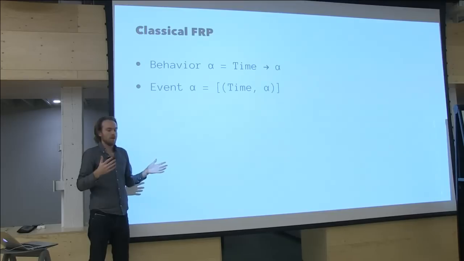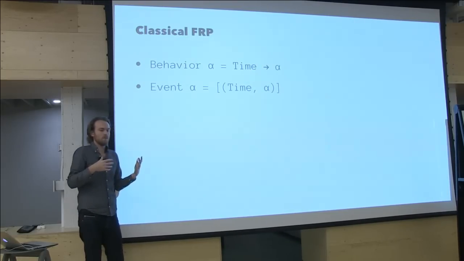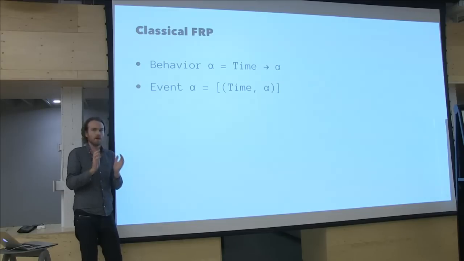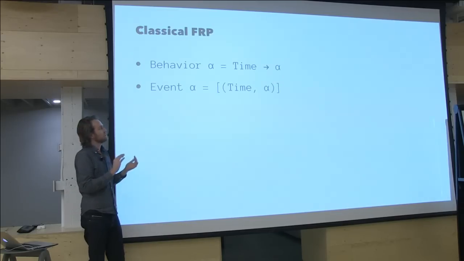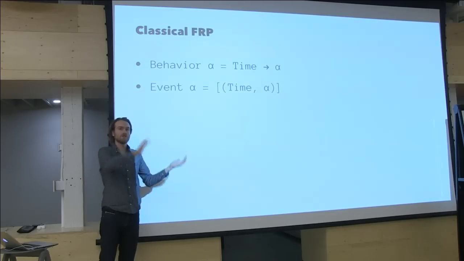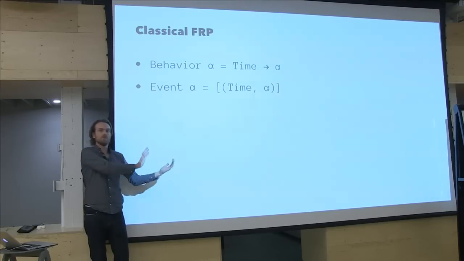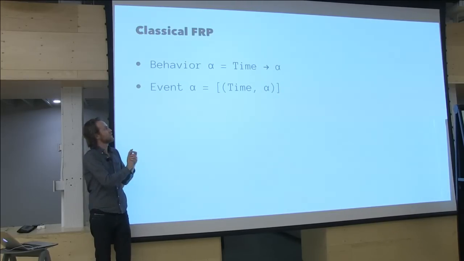Or, let's say mouse position would be a pair of numbers, like XY coordinates. So a behavior would be like a continuous function, a continuous signal of time to mouse position.